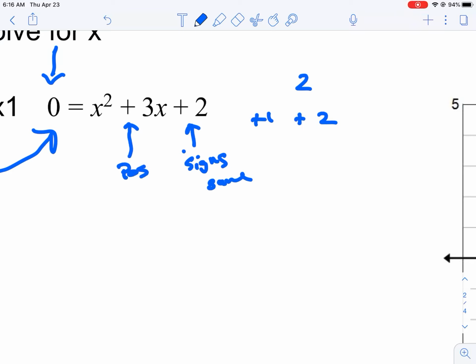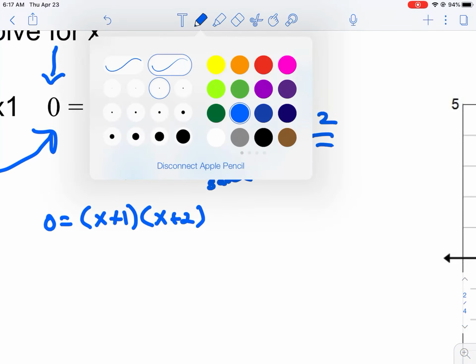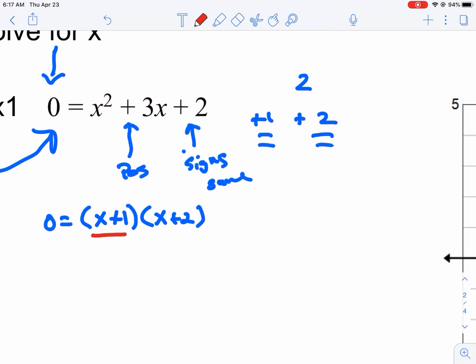So this factors, and before we think about the factor, it's 0 equals, remember. And then we have x plus 1, we got from there, times x plus 2 we got from there, okay? So there's our work. We just factored it. Now we're going to use our factoring to solve, because if, let's say, I'll use a different color, this times this equals 0, then one of them, this one or this one, equals 0.